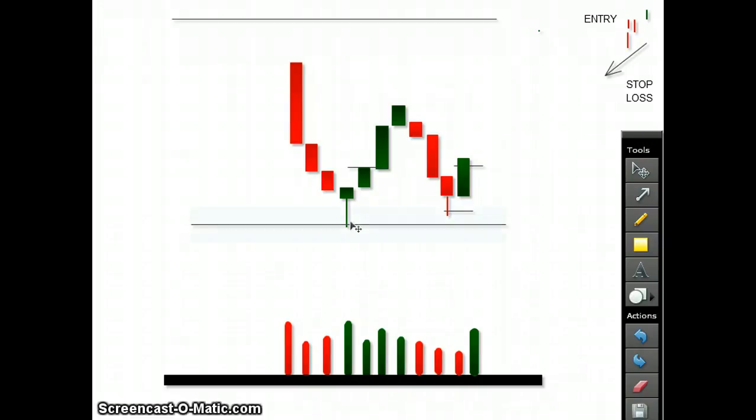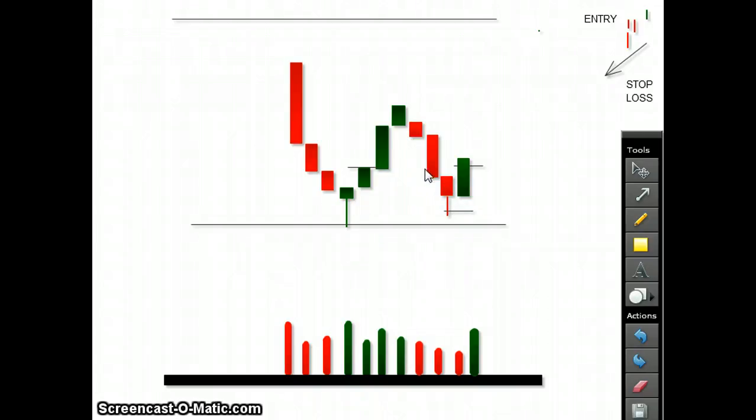What I like to do is I take an entry here, and I usually get out pretty early because I'm expecting the test. I'm expecting the pullback. So a lot of times I'll probably be out around here, but then I can re-enter here, because sometimes these tests don't even go down nearly this far.